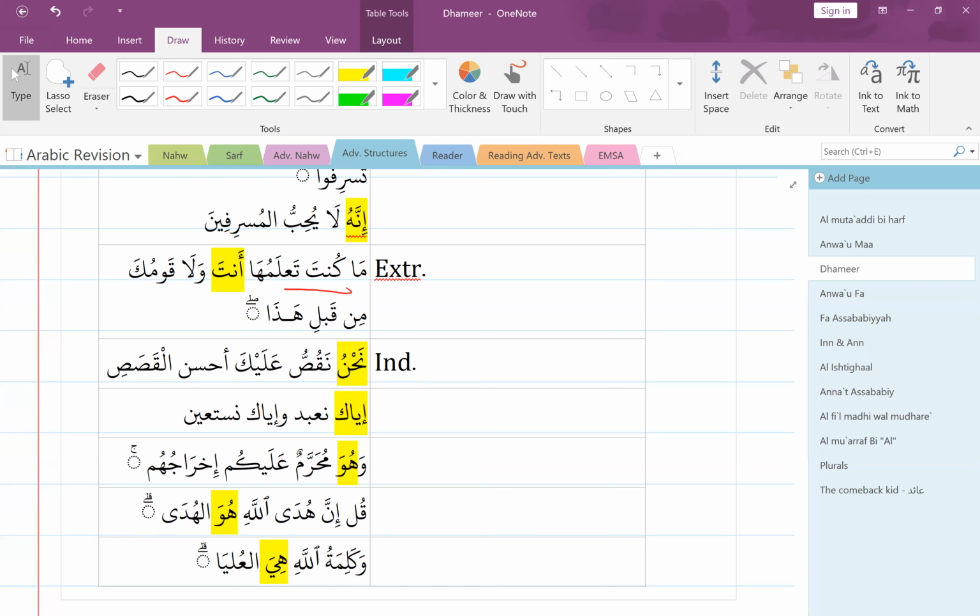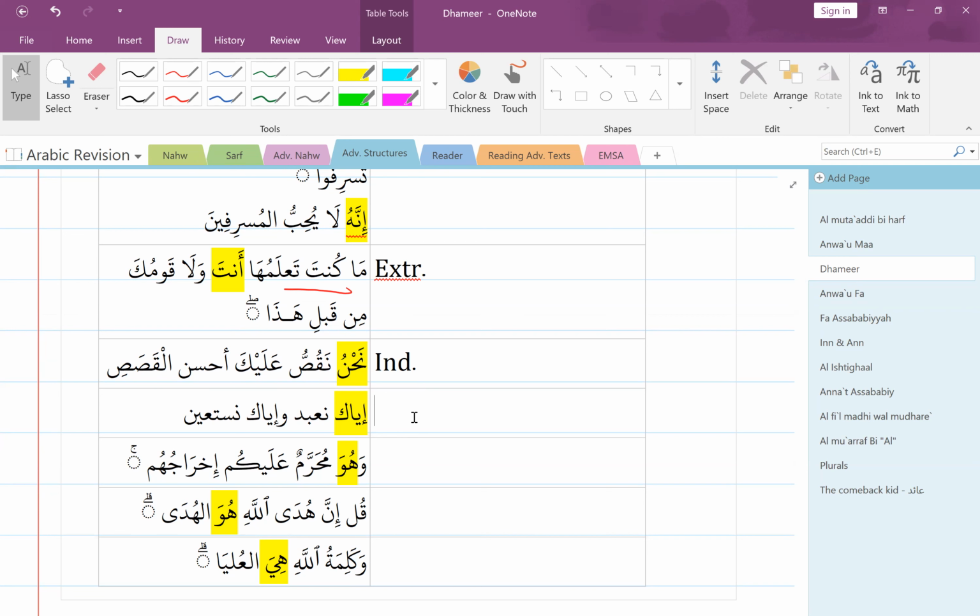So this one is a tricky one. Yaka na'budu. Yaka. It is an attached Zamir itself, not sister. What is it attached to? That's the question. It is attached to the fail. Which fi'il? Na'budu. We worship you.